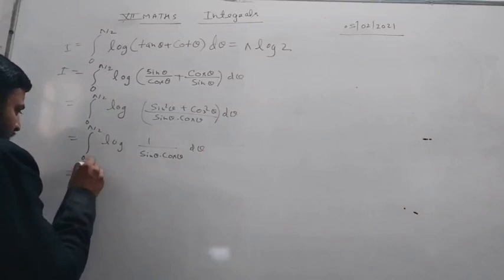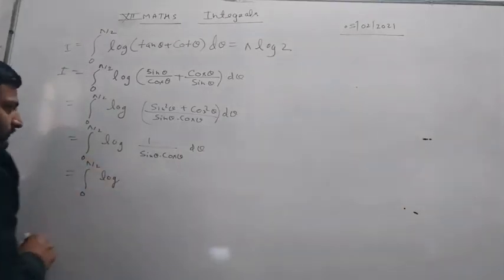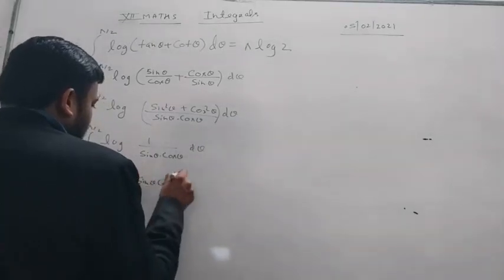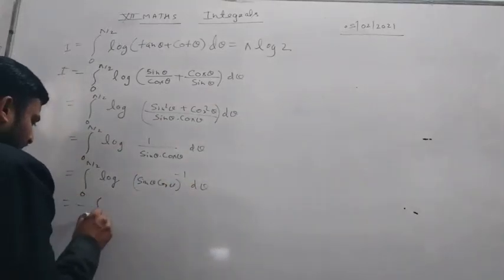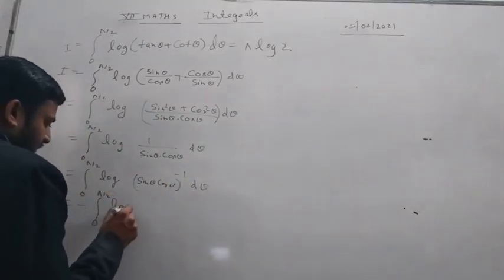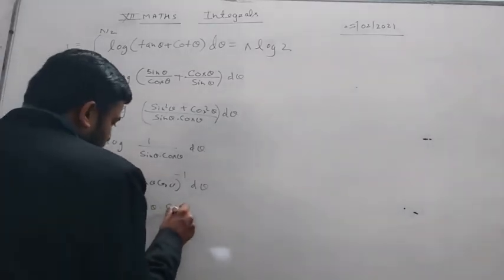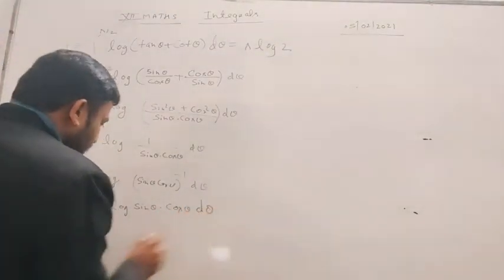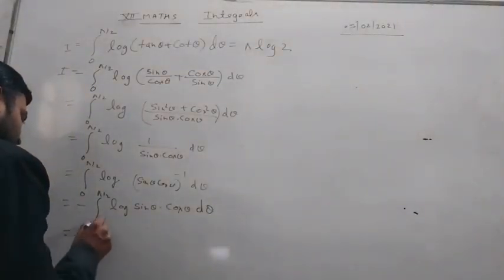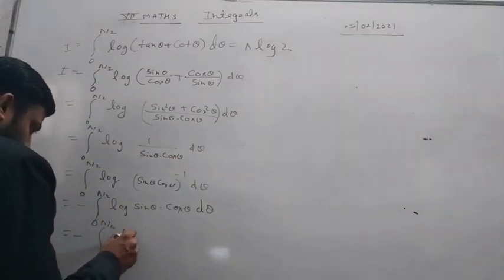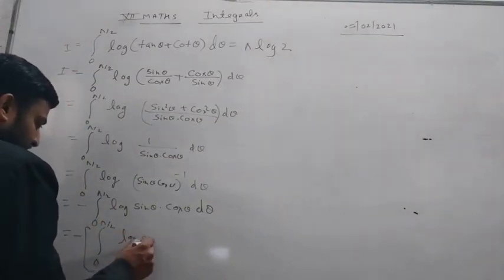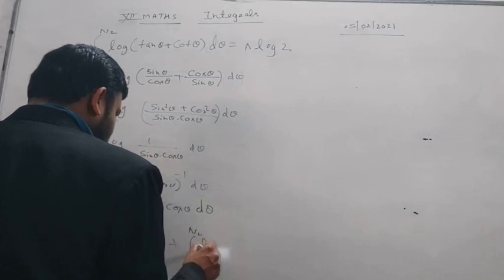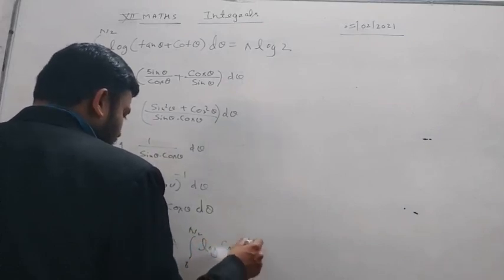So 0 to pi by 2 log this we can write sin theta cos theta to the power minus 1 d theta. So we can write minus 0 to pi by 2 log sin theta cos theta d theta. Okay friends, and this friends we can write log sin theta plus 0 to pi by 2 log cos theta.